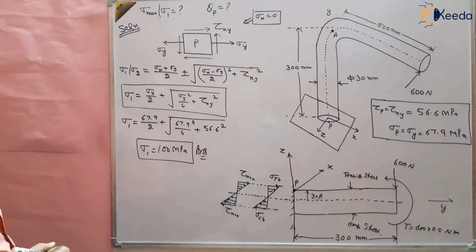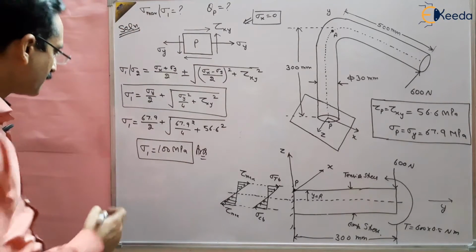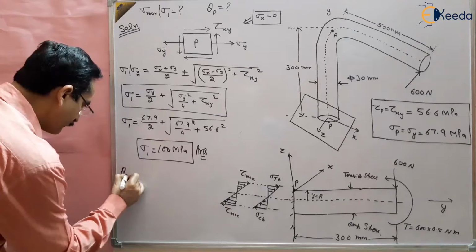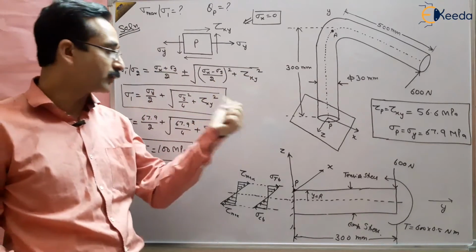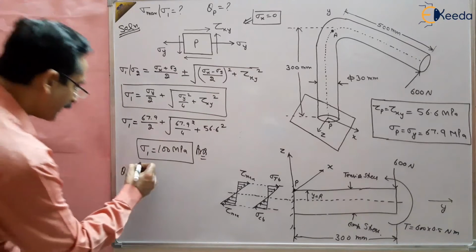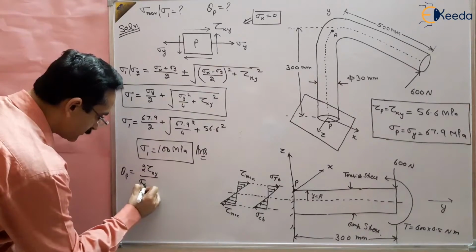Next we have to find the plane at which this acts, theta p. For that you should know the formula from the principal stress chapter: tan 2 theta p equals 2 tau xy upon sigma x minus sigma y.